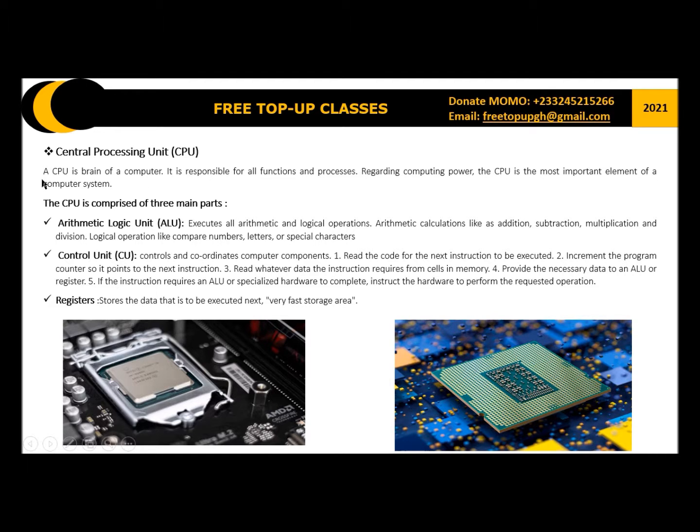Just as we have our brain, the computer's brain is the CPU. It is responsible for all functions and processes. Regarding computer power, the CPU is the most important element of a computer system.